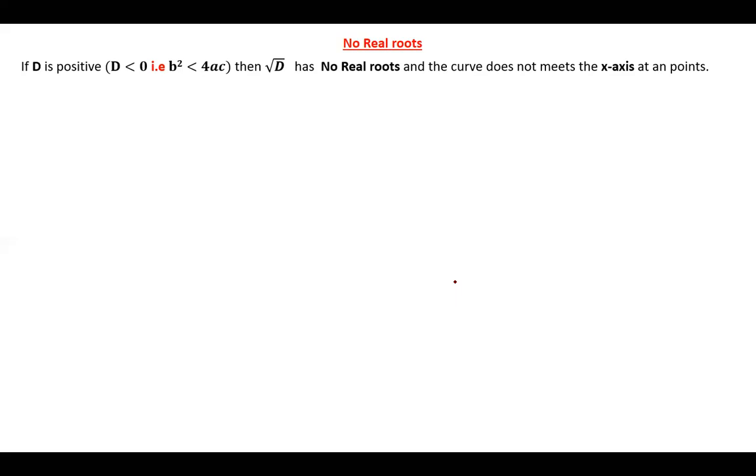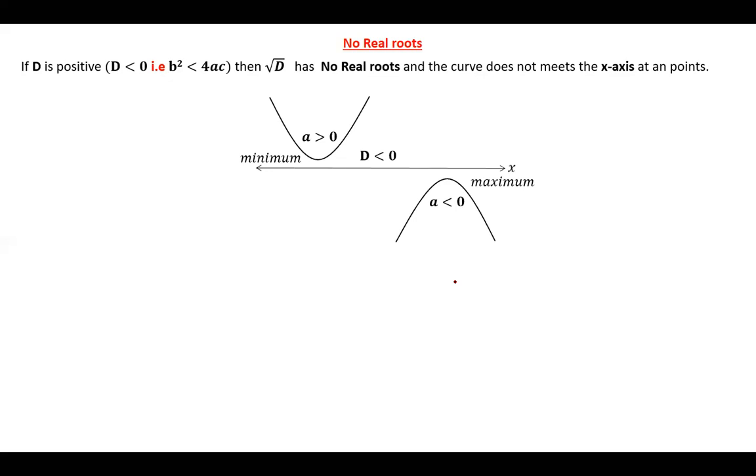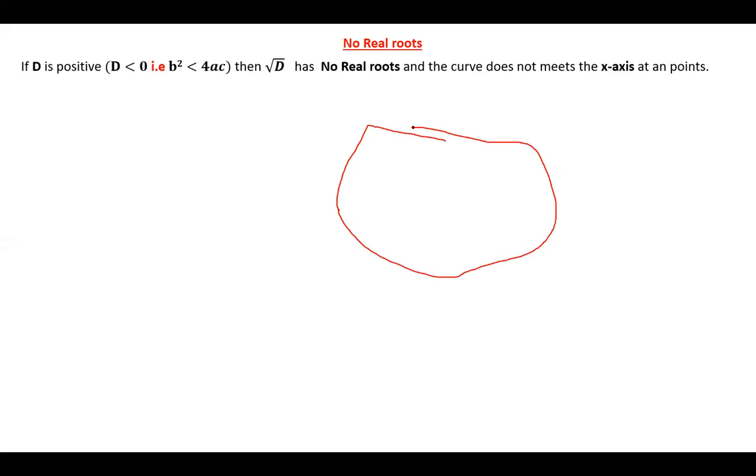In other words, it does not cut the x-axis at any point. So it will either be this one here, or that one, like this. It will not cut the x-axis at any point. Okay?